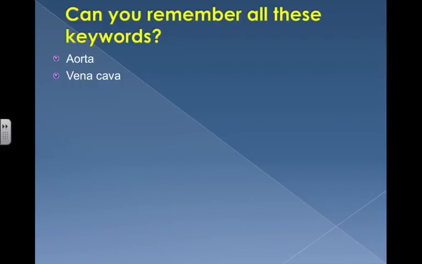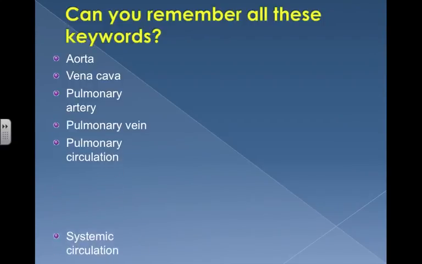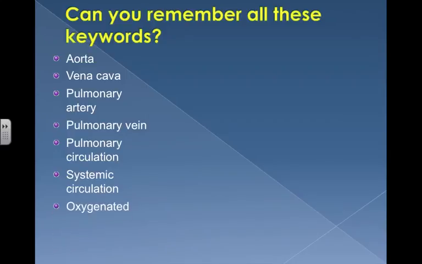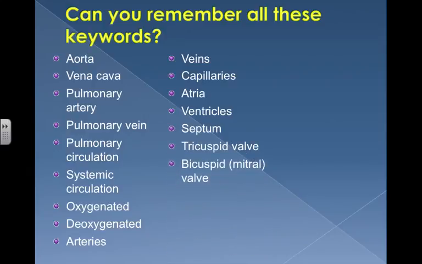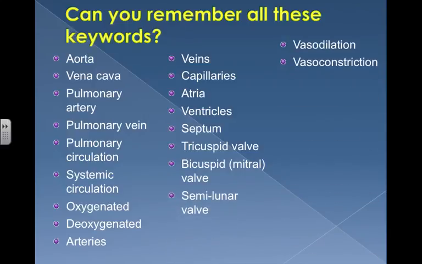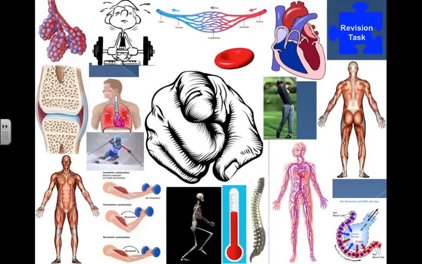These are all the key words you would have covered: vena cava, pulmonary artery, pulmonary vein, pulmonary circulation, systemic circulation, oxygenated, deoxygenated, arteries, veins, capillaries, atria, ventricles, septum, tricuspid valve, bicuspid or the mitral valve, semilunar valve, vasodilation, vasoconstriction, red blood cells, white cells, platelets, plasma.